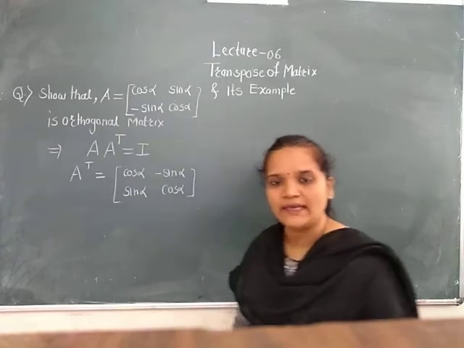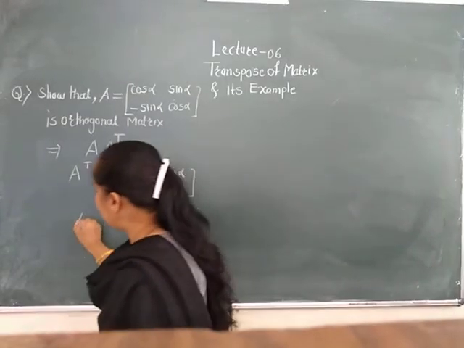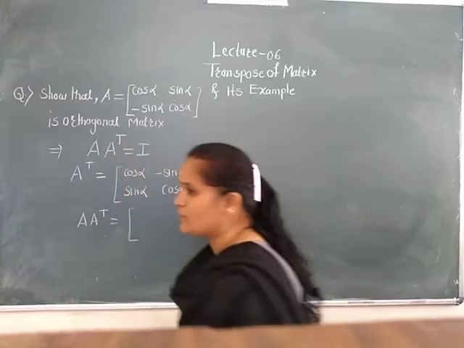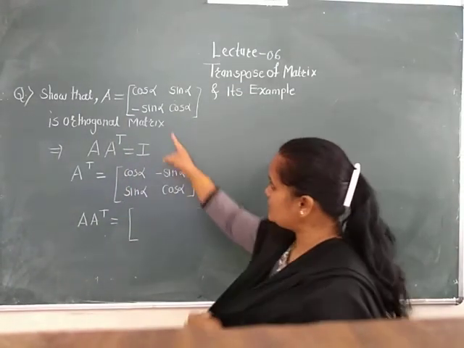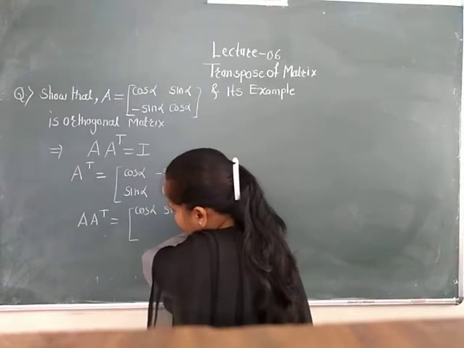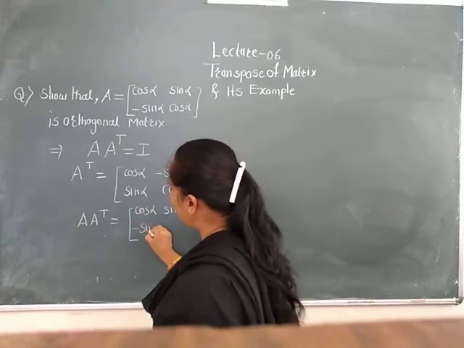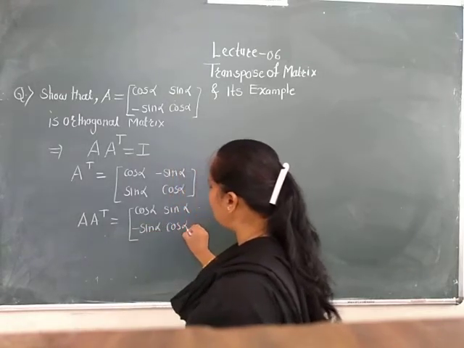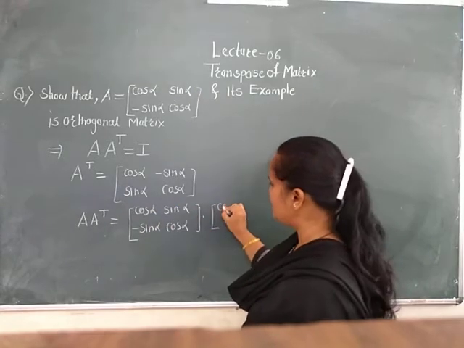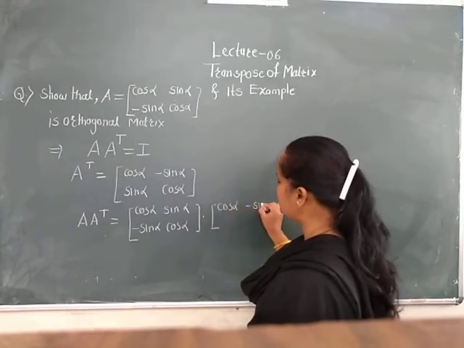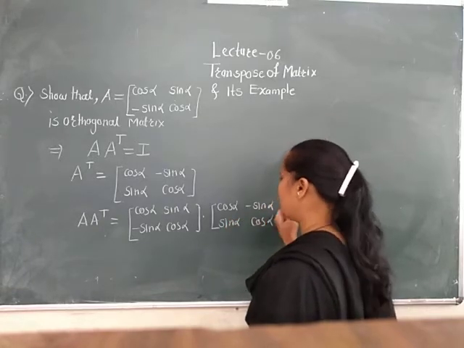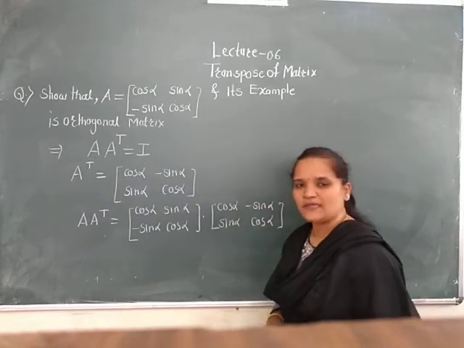So this is our A transpose. Now we will calculate A into A transpose. First of all, here A is cos alpha, sin alpha, minus sin alpha, cos alpha, into the transpose matrix: cos alpha, minus sin alpha, sin alpha, cos alpha.